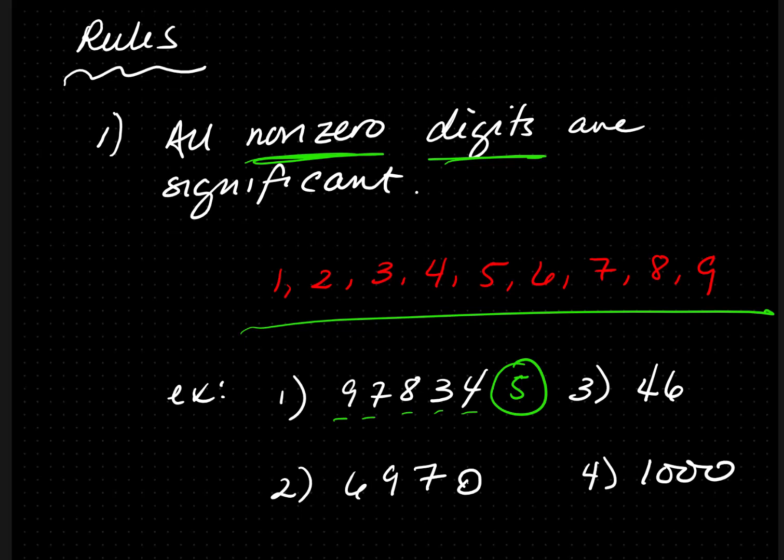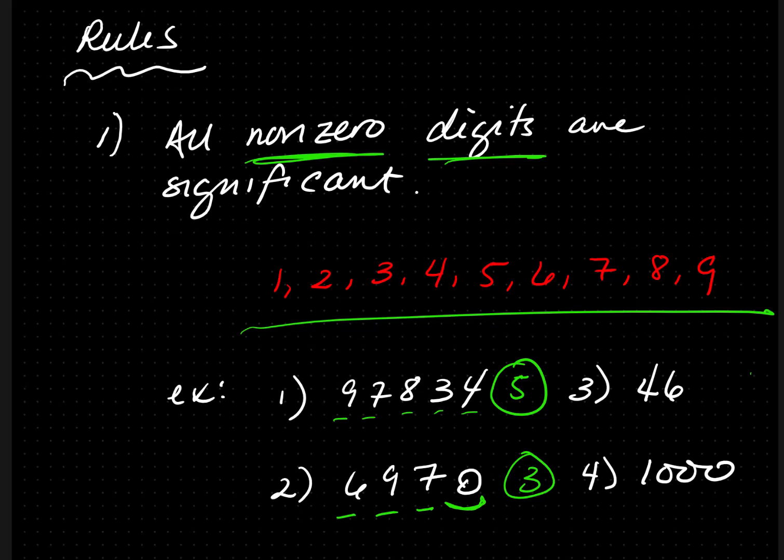For number 2, there are 3. 6, 9, 7 are non-zero digits, but this one right here is a 0. So 6, 9, 7 are the only significant digits, so there are 3. Pause the video and try 3 and 4 on your own and check your answer.